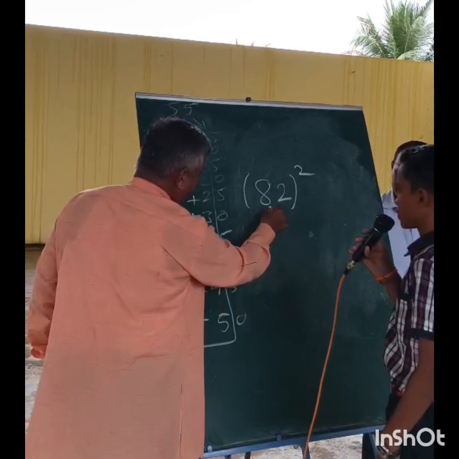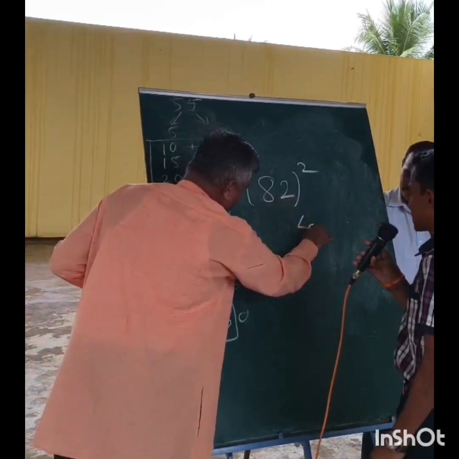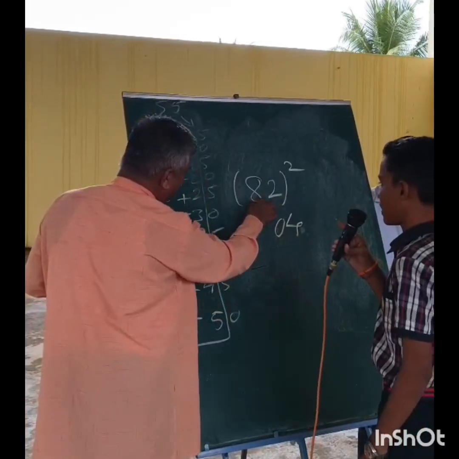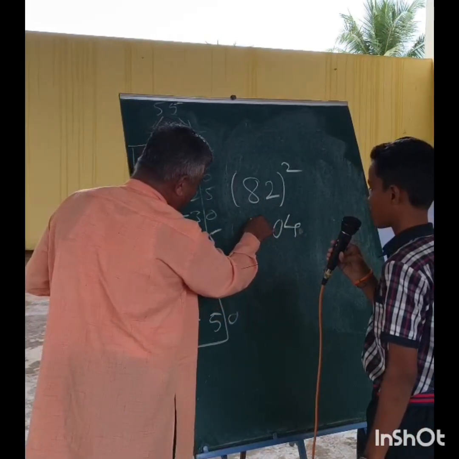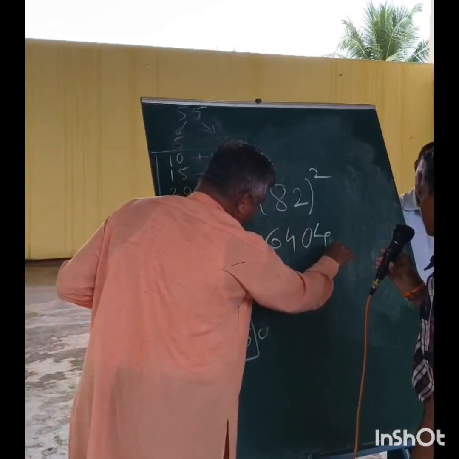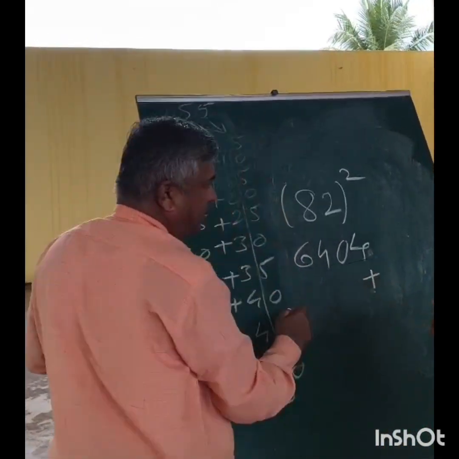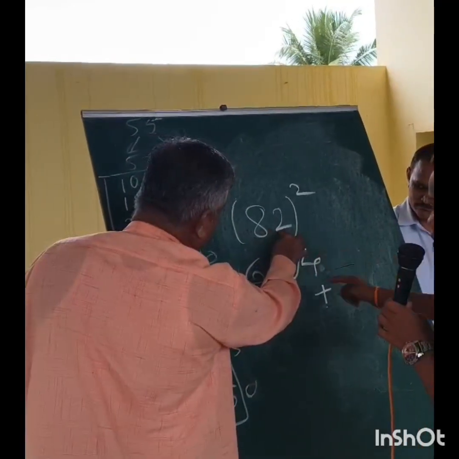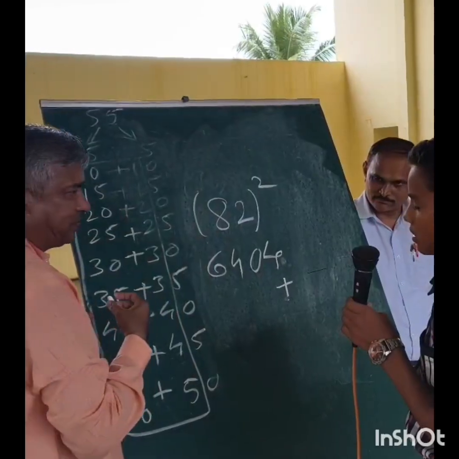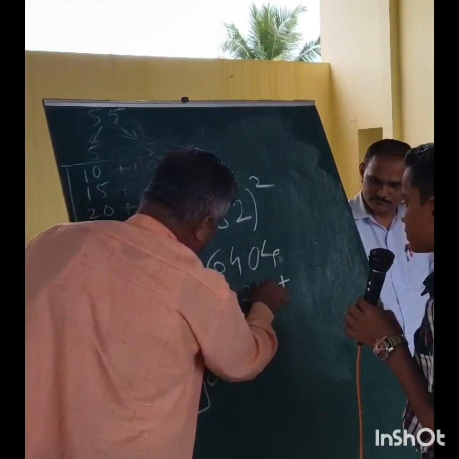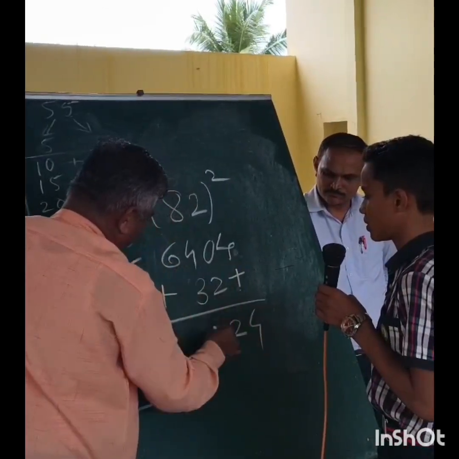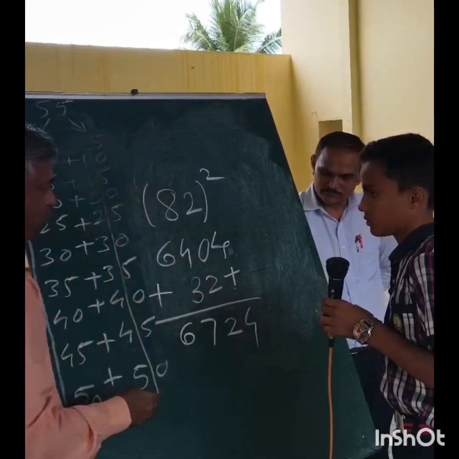The square of 2 is 4, and keep 0. Wow, super, nice. And square of 8 is 64. Here keep 0. No, leave it. Next, multiply these two numbers: 8 2s are 16. 16 doubled is 32. Very nice. Now add: 6724.